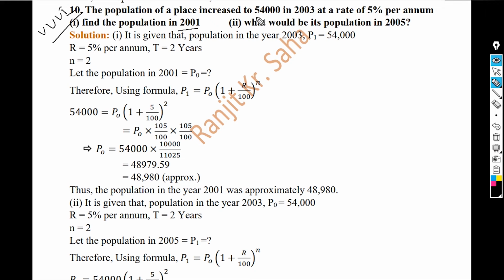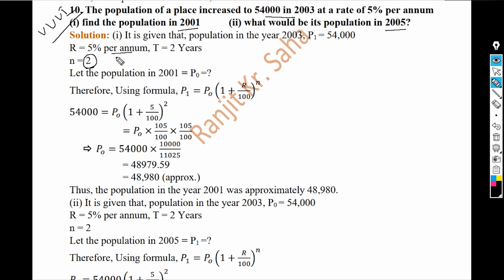The final population is given in the first case, and in the second case, after 2 years, you have to find the population. Two cases are here. The population of 2003 is given, and you have to find the population of 2001. That is n equal to 2, because you have to compute annually.